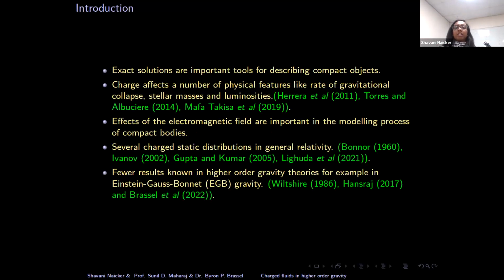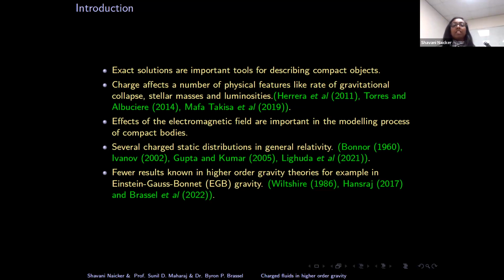Spherically symmetric exact solutions to the field equations in any gravity theory are important tools for determining significant insights into compact objects such as neutron stars and black holes. In particular, charge affects a number of physical features of these astronomical bodies, like the rate of gravitational collapse, stellar masses, and luminosities.